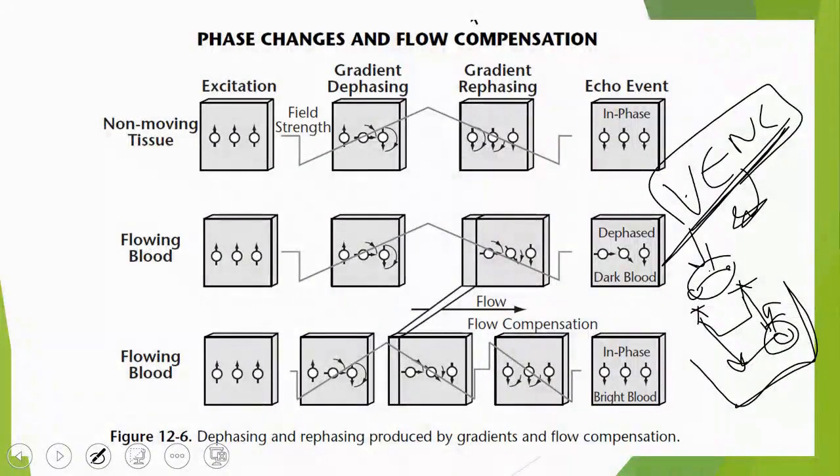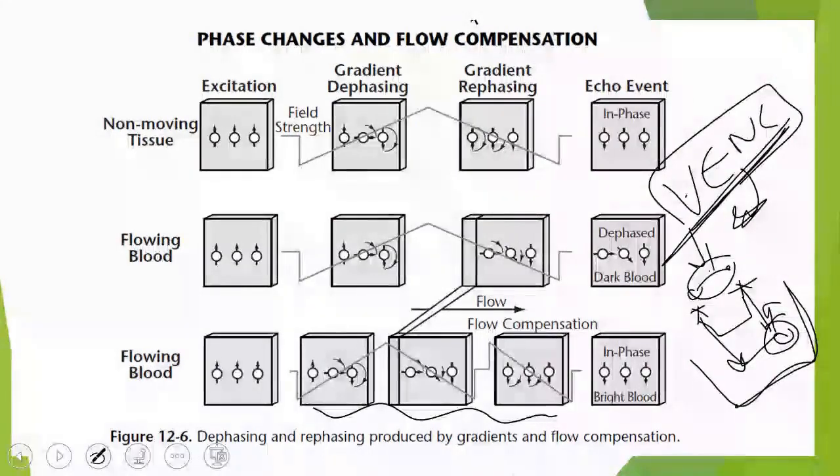A phase shift will occur at the level of the existing voxels, intervoxel and intravoxel, between each voxel and the next, and even within the voxel. Thus, flow compensation is applied to achieve very accurate detection of velocity.